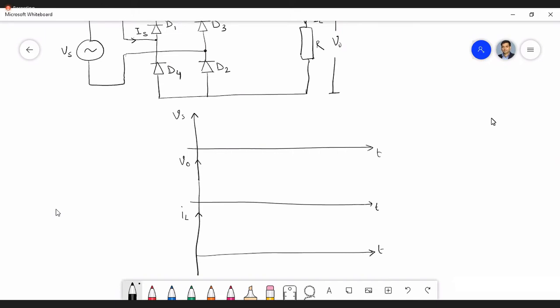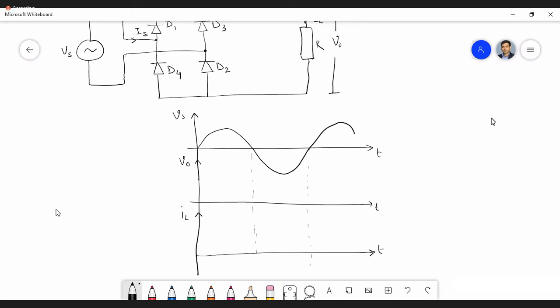So what will be the source voltage in this case? It's sinusoidal, isn't it? As we have used an alternating voltage source, so it will be sinusoidal. Okay.